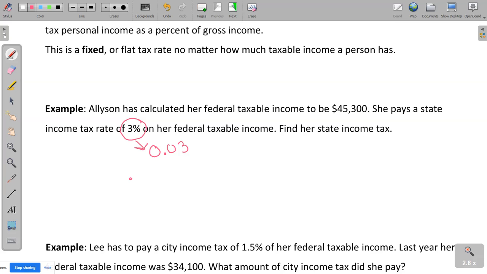Then we take 0.03 and multiply it by her taxable income, $45,300. When we multiply this through, you should get $1,359. This is the amount of tax that goes to the state.